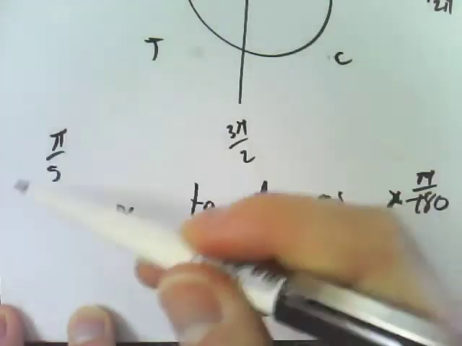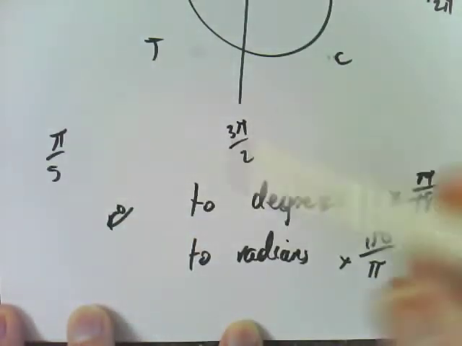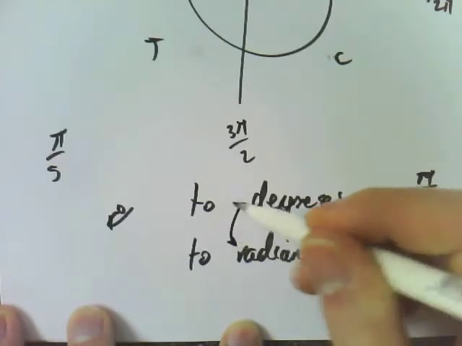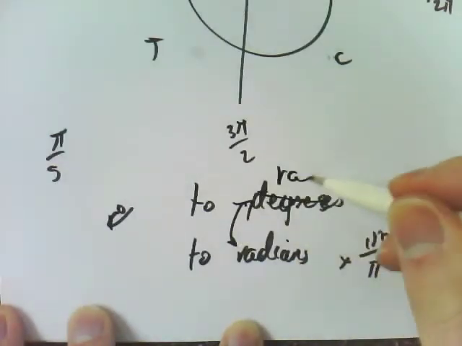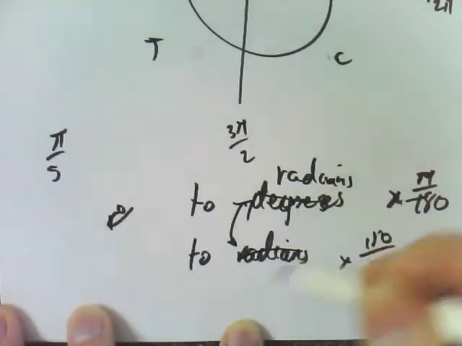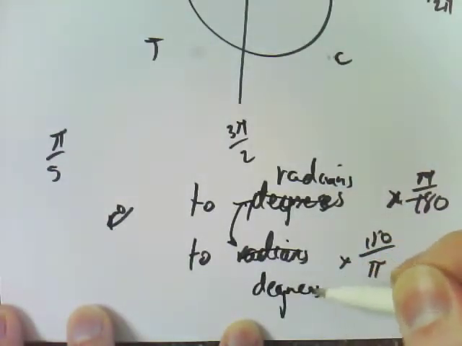So if we times by 180 over pi, the pi's will cancel, and we end up with 180 on 5.